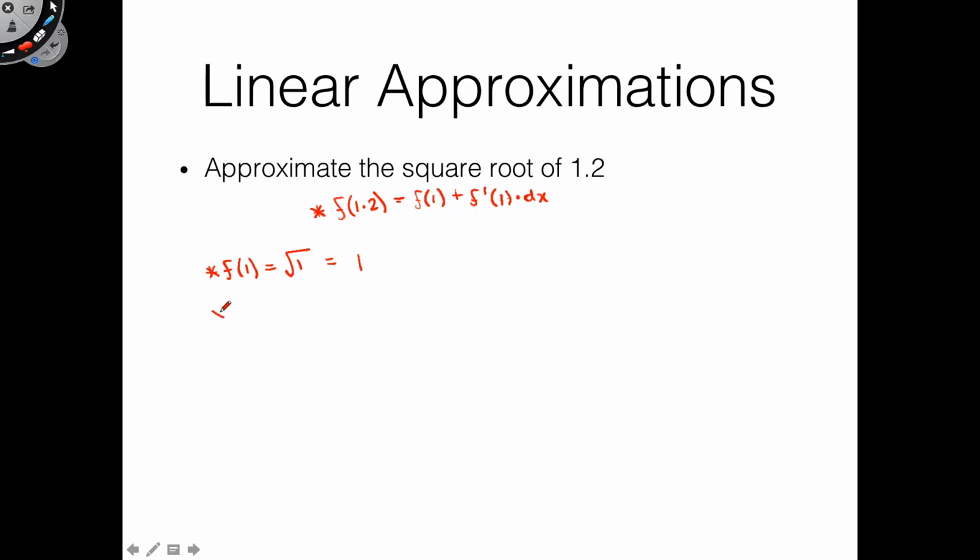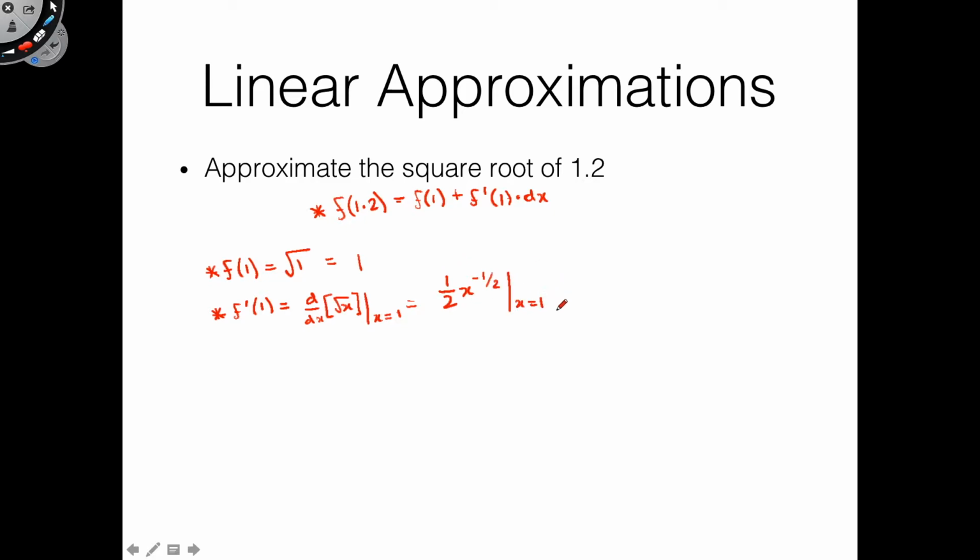Okay. Next we have f prime of 1, which is simply the derivative of square root of x evaluated at x equals 1, which is 1/2 x to the negative 1/2 evaluated at x equals 1.